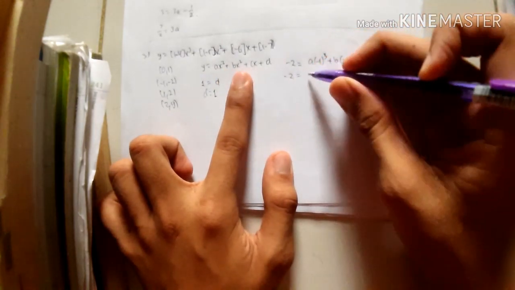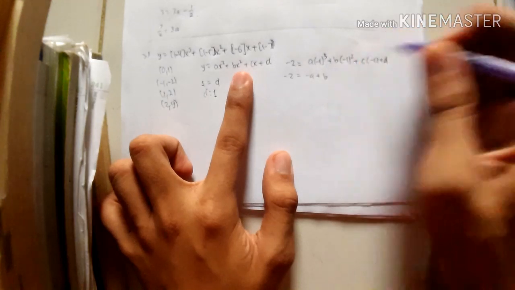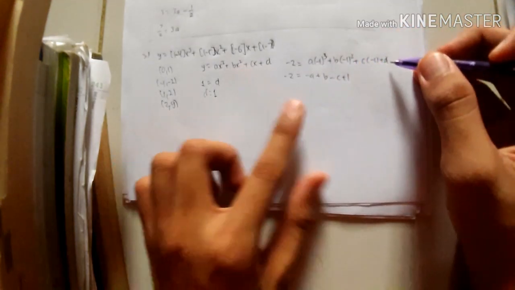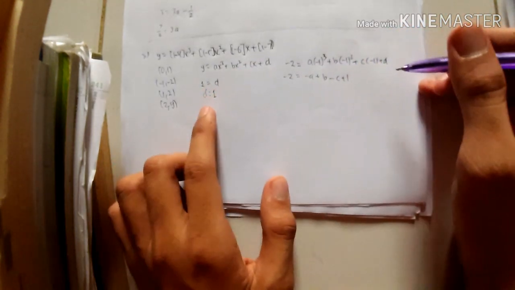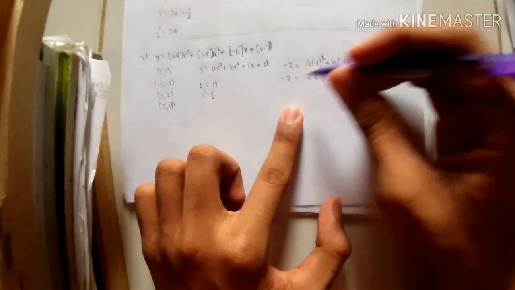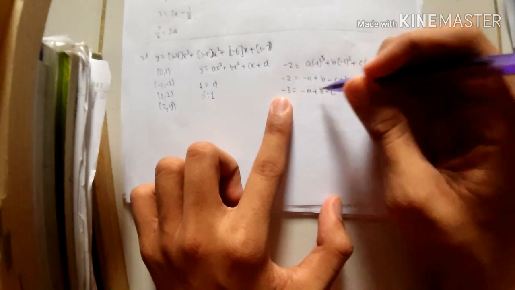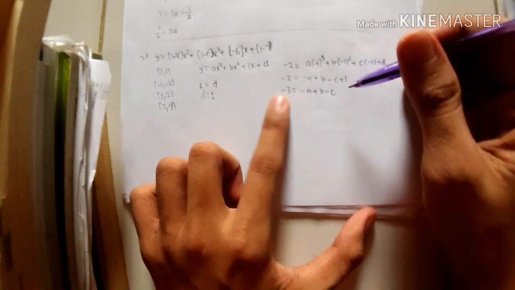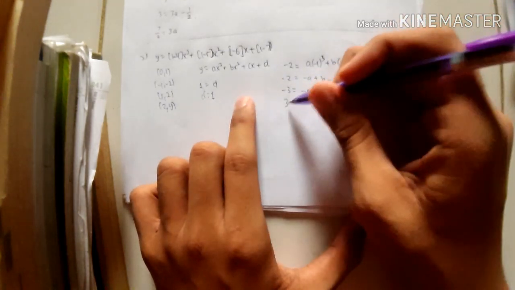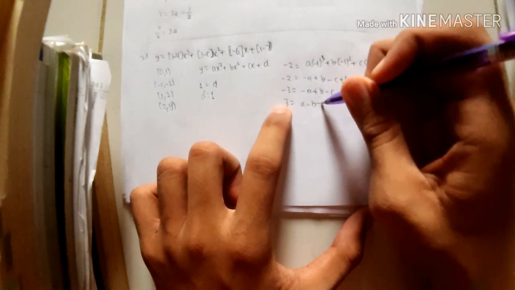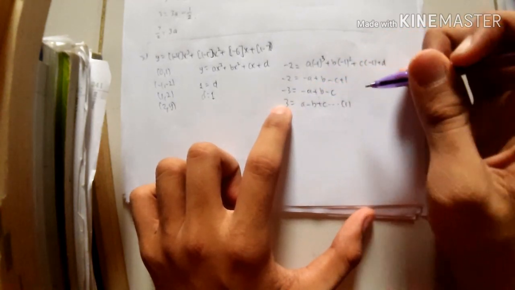So minus 2 is minus a plus b minus c plus 1, right? Remember d is 1, we already got that. So minus 3 equals minus a plus b minus c. And if you want to ease, you just eliminate the negatives, 3 equals a minus b plus c. So this is equation 1.